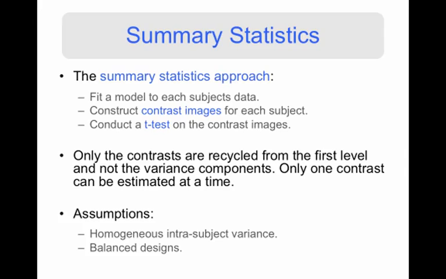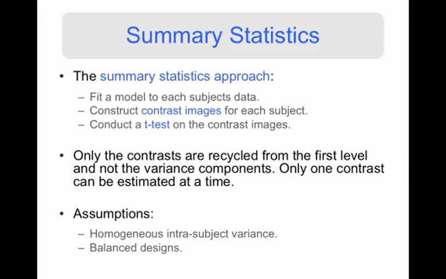This is much easier than doing a full mixed effects model. However, again, we don't appropriately take into consideration the within subject variation. So this could give rise to some problems in certain situations. However, this remains by far the most dominant approach to group level analysis because of its simplicity and ease of use.